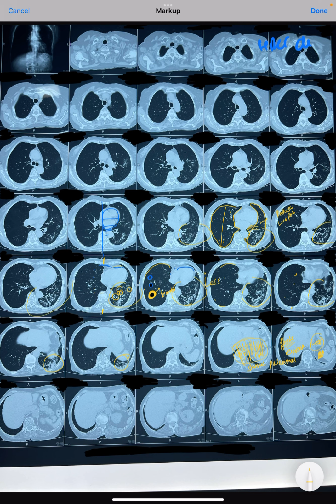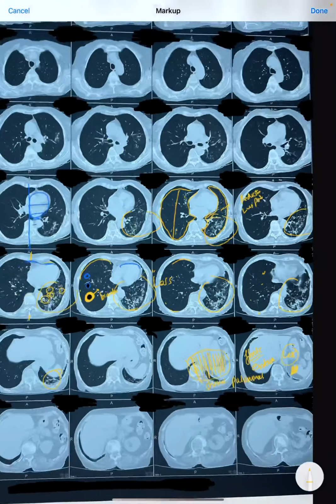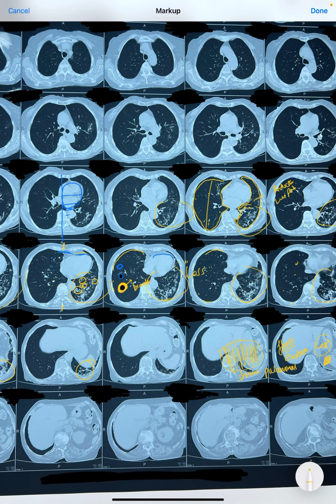So it is seen in so many lung fields. It means the patient must have had a large pneumonia which was not treated properly, or maybe the patient had tuberculosis which was not treated properly. So instead of resolution, it underwent a complication and led to fibrosis.